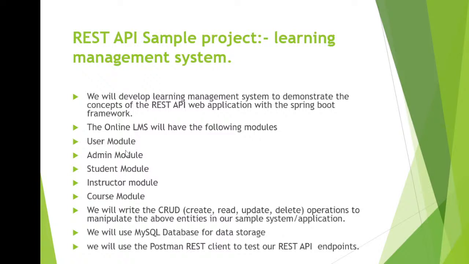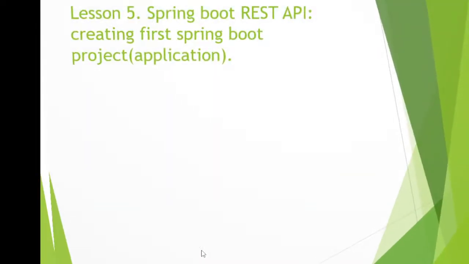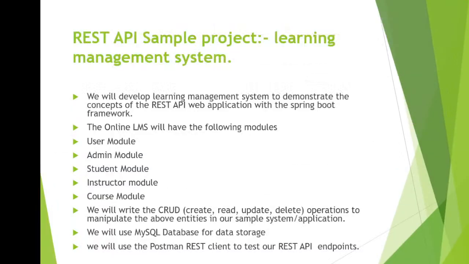For example, if we want to add a student, maybe a first name and a second name, we provide this information in this client, and the client sends a request to our application, which takes that data and adds it to our database. When we want to get the same data, we send a request, and our application fetches the data from the database and sends it to us, and we view this data in the Postman client. This is what we are going to build, and see you in the next video.